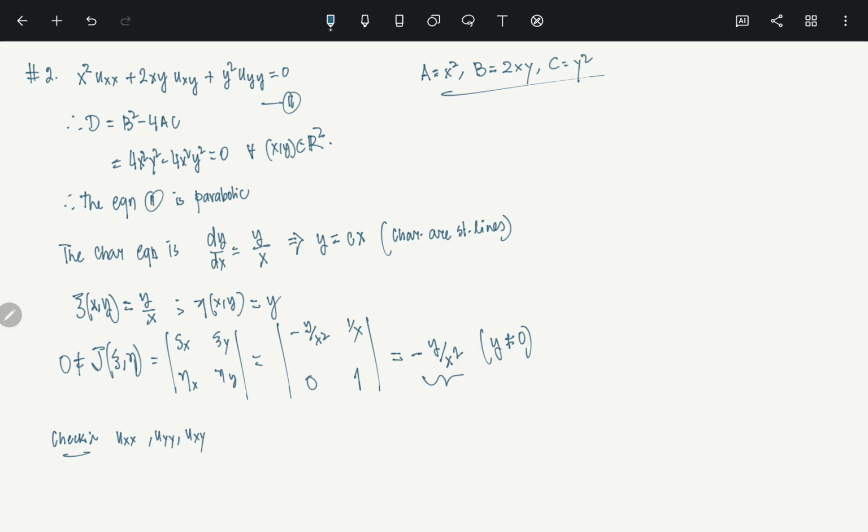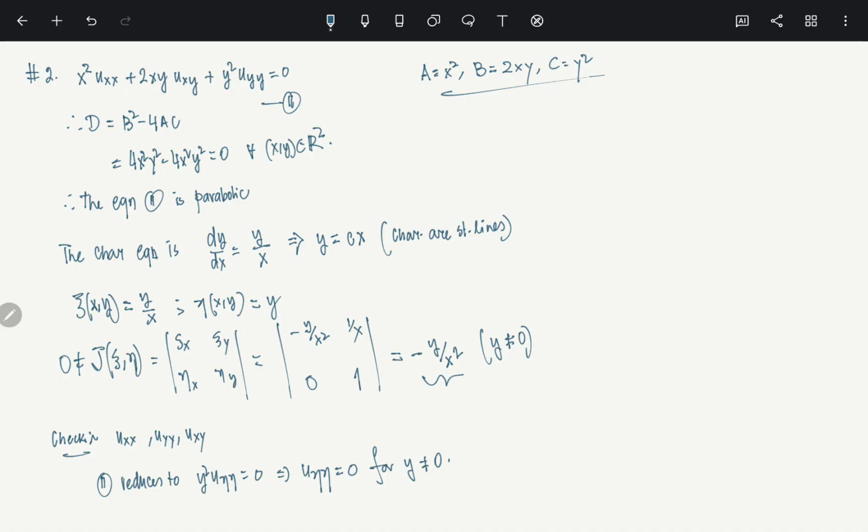Once you find them and put them in this equation, you can see that the equation reduces to y square u eta equals 0. Clear? Since y is not equal to 0, we can write u eta equals 0, for y not equal to 0. So you see, this is in the region where y is not equal to 0, right?